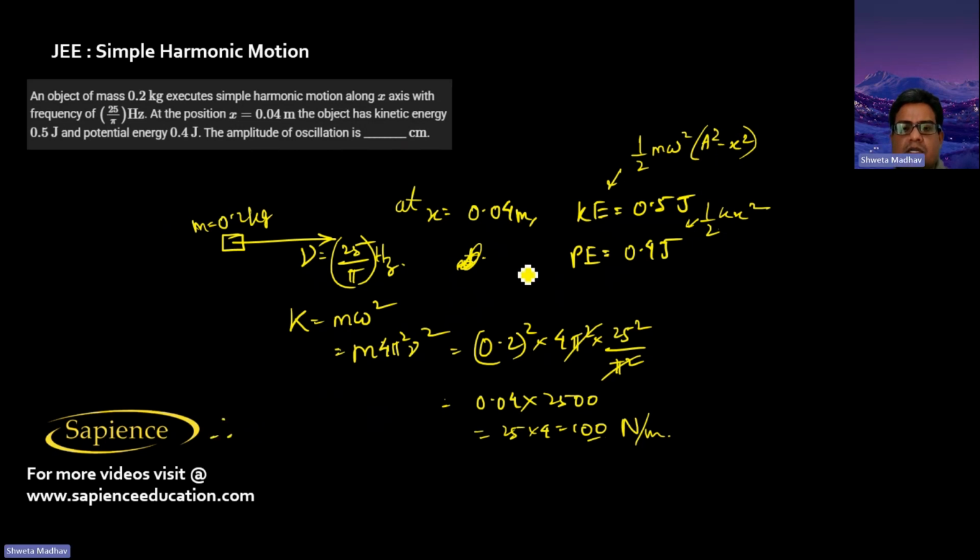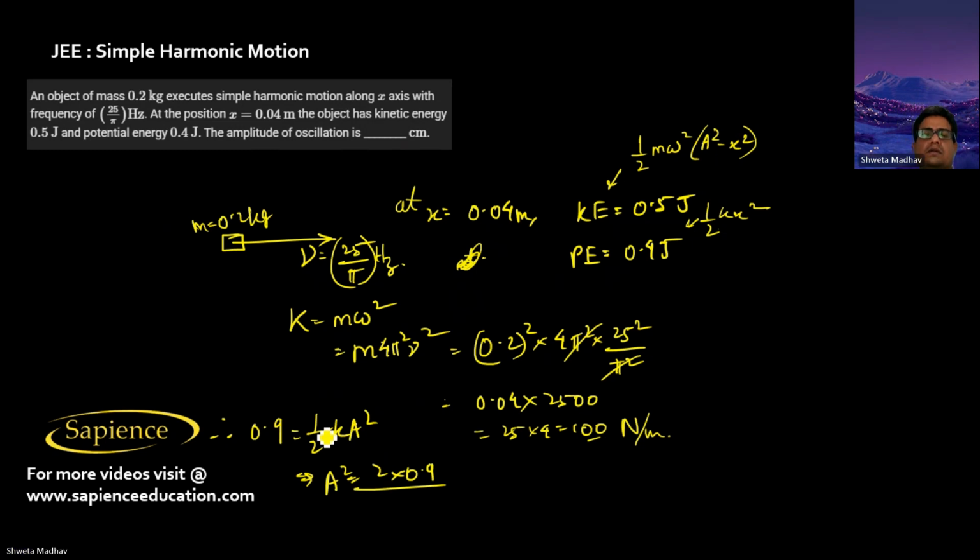Therefore, the sum of the kinetic energy plus potential energy, 0.9 joule, is equal to half k into a square. Therefore, a square will be equal to 2 into 0.9 divided by k, which is 100.